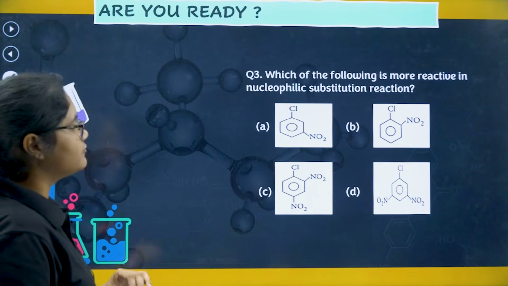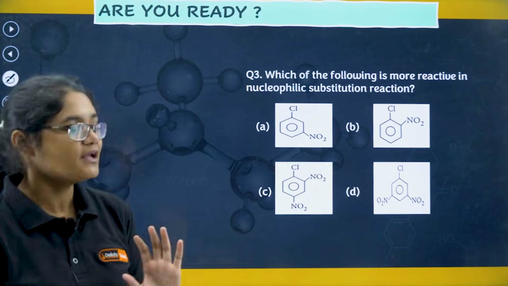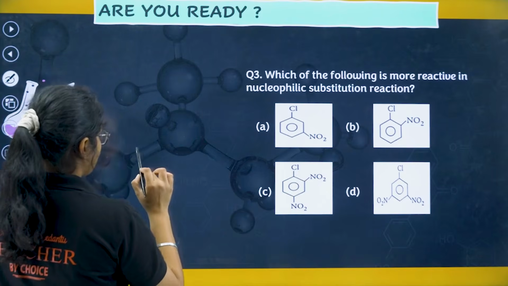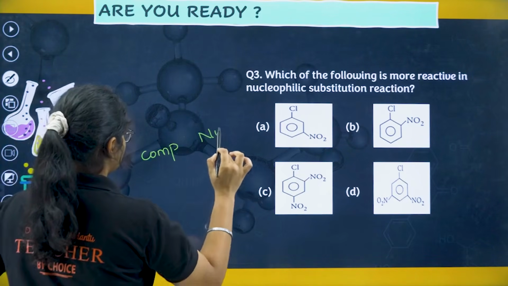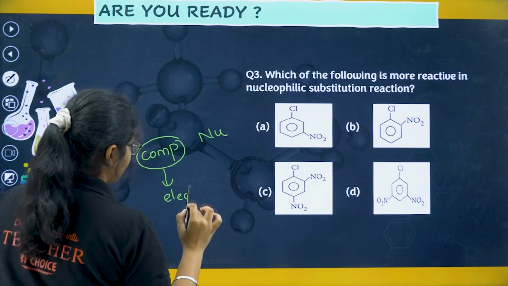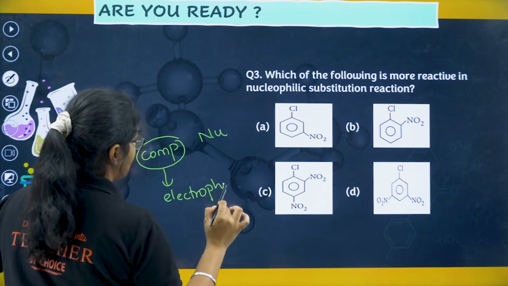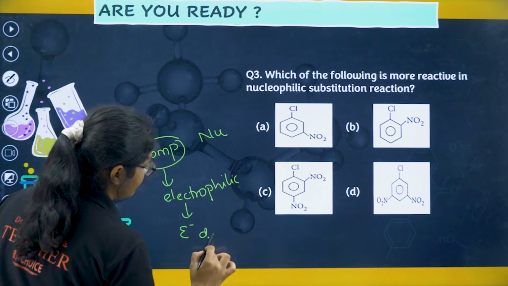Next we have: which of the following is more reactive in nucleophilic substitution reaction? You have a compound and it wants to react with the nucleophile. This compound should then be electrophilic in nature, right? What do you mean by electrophilic in nature? It should be electron deficient.